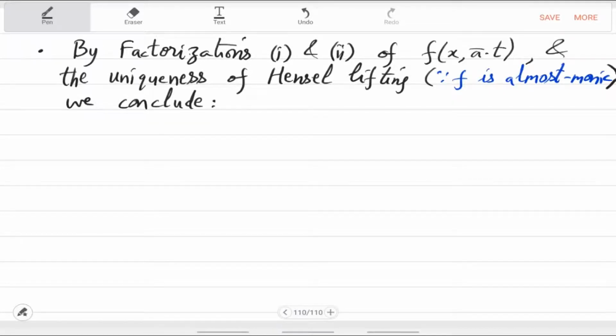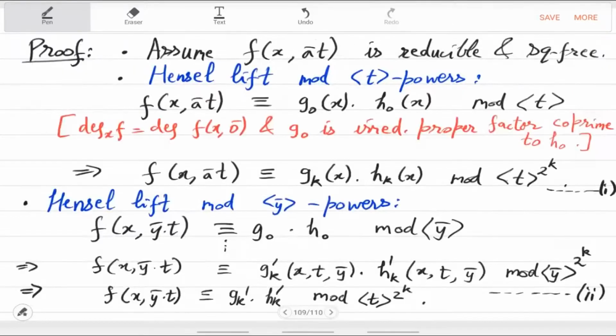Let me change the notation slightly to include a bar here. So we will conclude that this gk a bar and gk prime, okay, they are the same if you fix y bar.